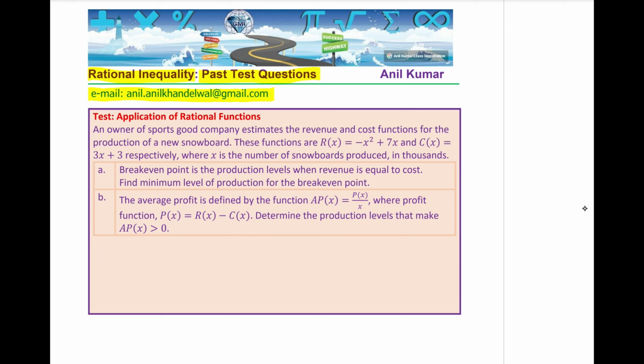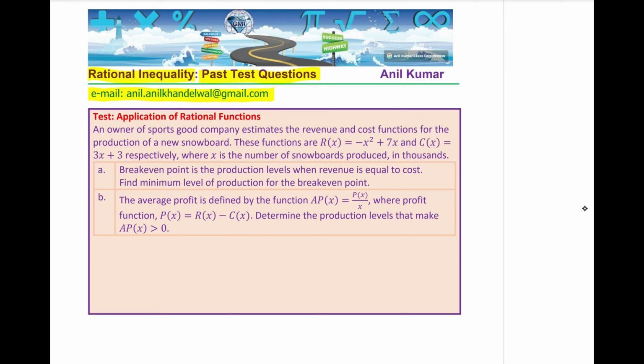The second part relates to average profit, which is profit divided by the production level, and we want that to be greater than 0. So I hope the question is absolutely clear. I would like you to pause the video, answer the question, and then look into my suggestions.